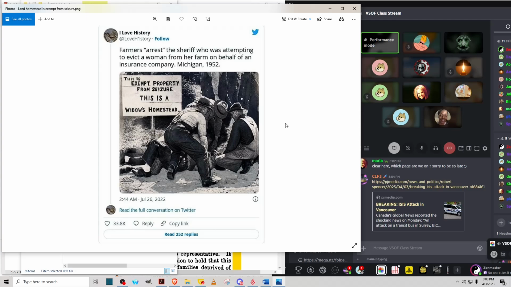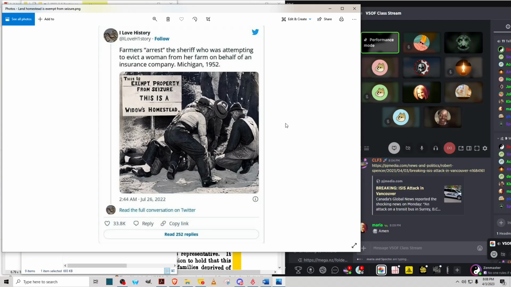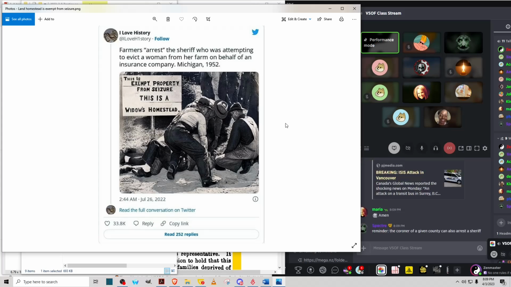But then your duty, after you do that, is to take them directly before the nearest and most accessible magistrate in that county, because you cannot punish them until they've had their time and day in court. So you take them directly to the closest magistrate. If that happens to be your neighbor, then do it. You knock on the door and say, hey, magistrate, I got somebody that I arrested here.